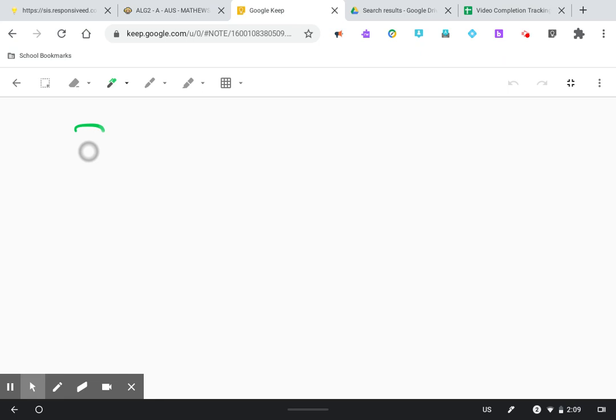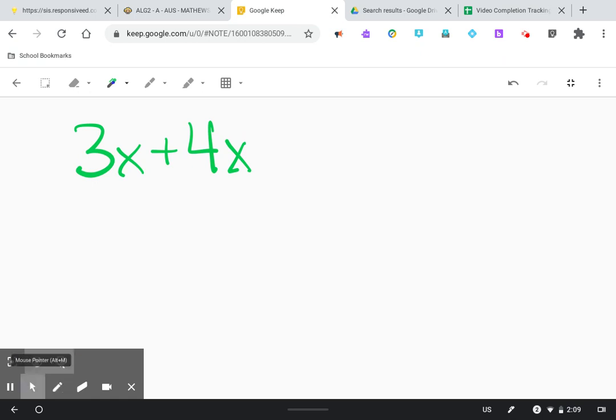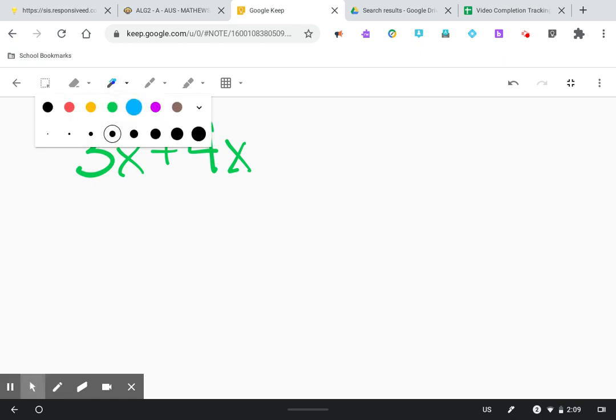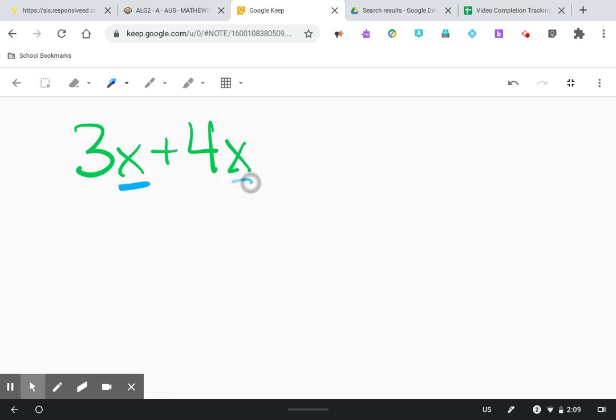The first thing to talk about is that if there are two terms that have the same variable ending, like here we have x and we have x, then we say they're compatible, or they're like terms. So we could say we have 3x's and 4x's makes 7x's. Notice that the ending didn't change.